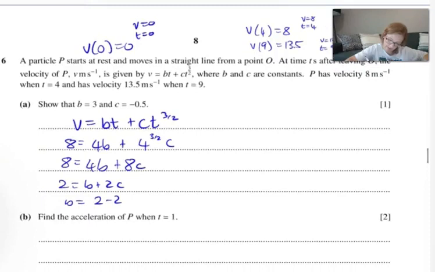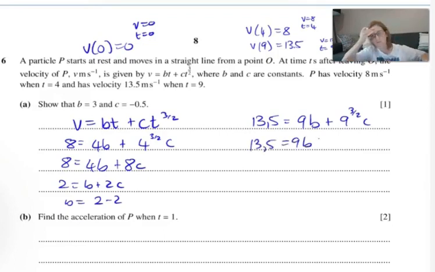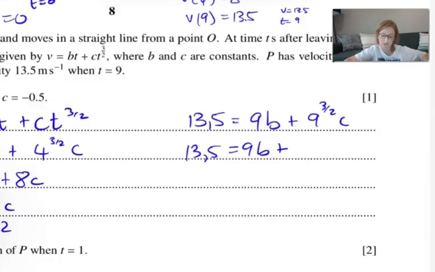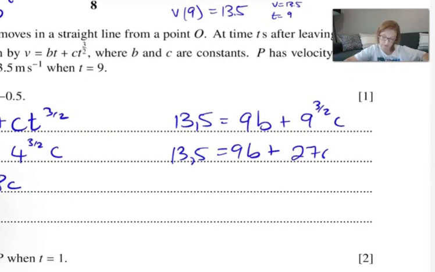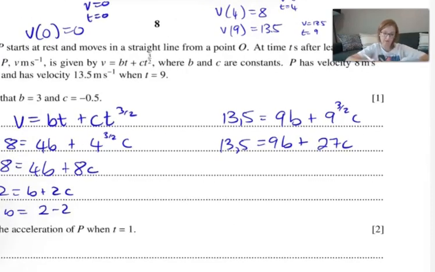Okay, so here I'm plugging in 9, so I know that it's 13.5. What I'm doing is basically square rooting 9, which is 3, and then I'm raising it to the power of 3, which is 27. I'm just going to divide everything by 9 because it looks convenient.